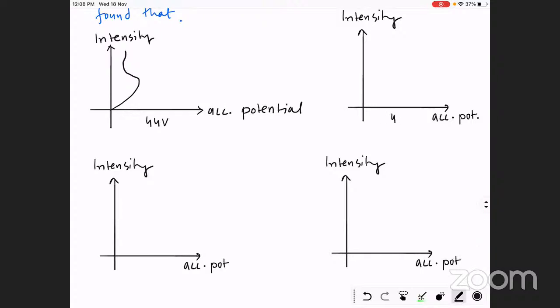Then they increased the accelerating potential up to 48 volts. They got a graph like this. But at 54 volts, they got maximum intensity.